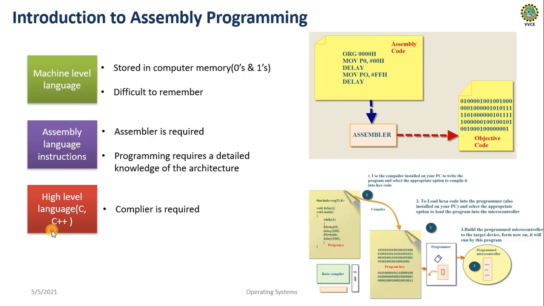The difference between assembly language and a high level language like C or C++ is this: you can write the instructions using assembly code or C or C++, but if you are using assembly language to give instructions to the microcontroller, you must have detailed knowledge of the microcontroller.